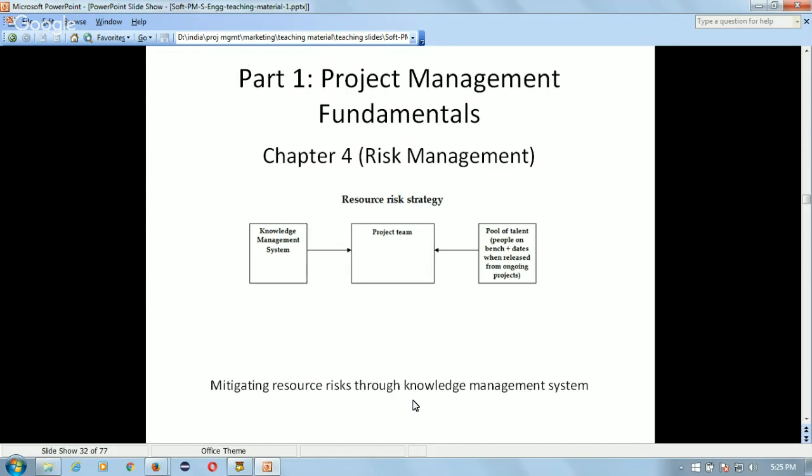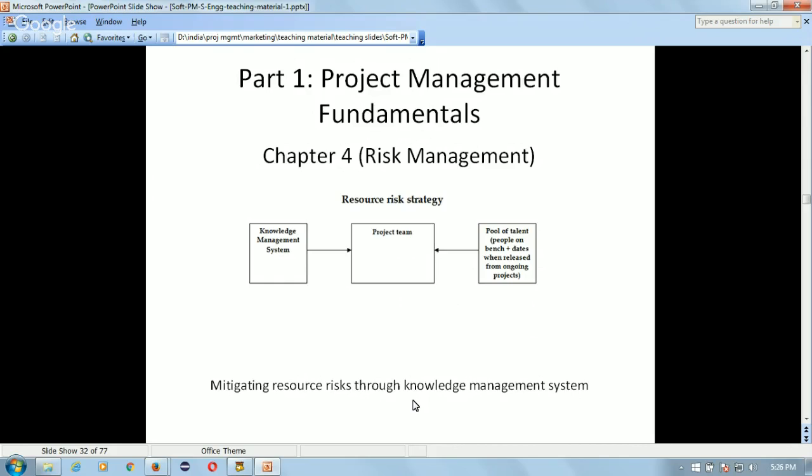Then a good knowledge management system can also help. Suppose for some reason the project needs some additional resources during execution of the project, and the company which is developing the software product has a knowledge management system, then the project manager can ask the HR department to find suitable people to be recruited for the project.